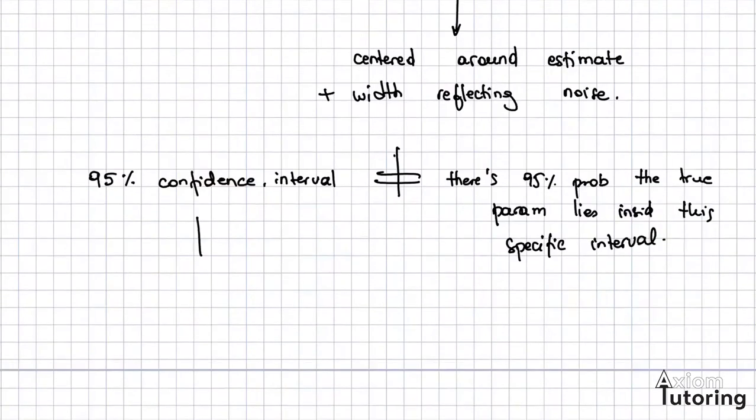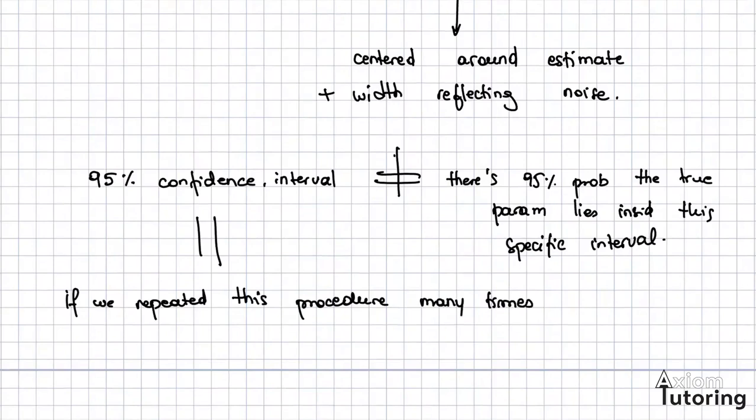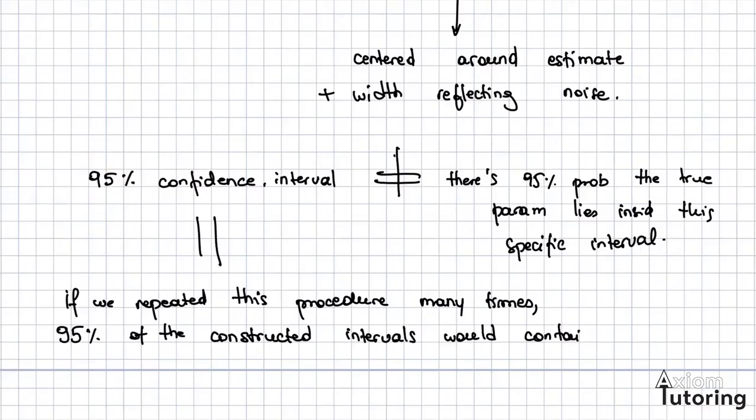What it means instead is that if we repeated this procedure many times, 95% of the constructed intervals would contain the true parameter.